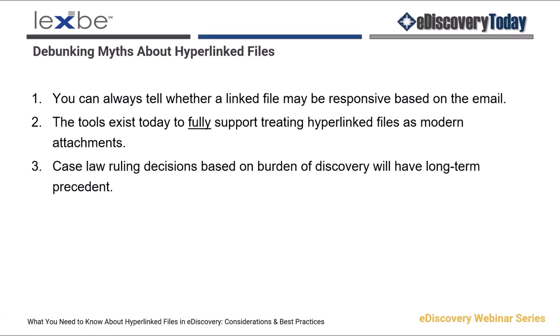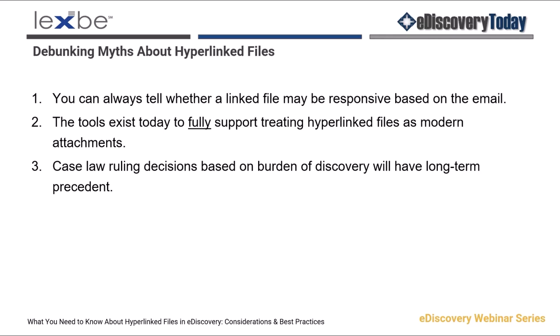Next is that case law ruling decisions based on burden of discovery will have long-term precedent. No, they won't. The last two cases on the list both decided that hyperlinked files should not be treated as modern attachments. Does that set a precedent? No. Why not? Because the decision in both cases was based on the ability to treat the hyperlinked files as attachments and the burden of doing so. Guess what?